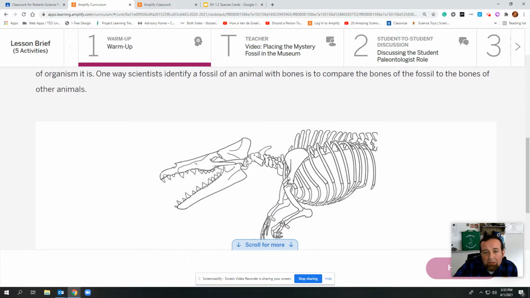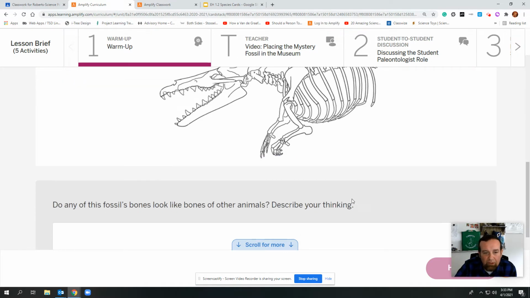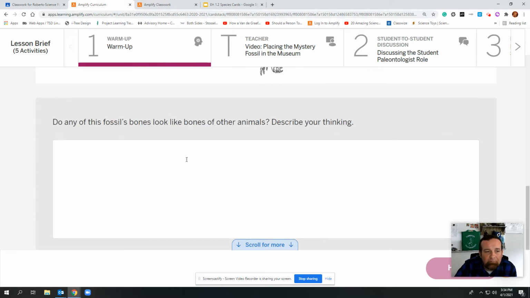But one way that scientists figure out where this organism fits in with our fossil record, or in other words, our history of life on this planet as we know it, as we study these fossils, one way they do that is they look at bone structure and try to figure out where that fossil fits in. So look at this picture, and what you're going to do is answer this question.